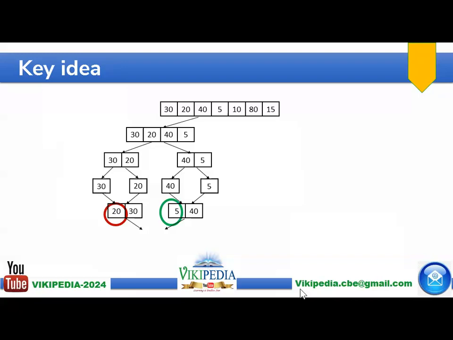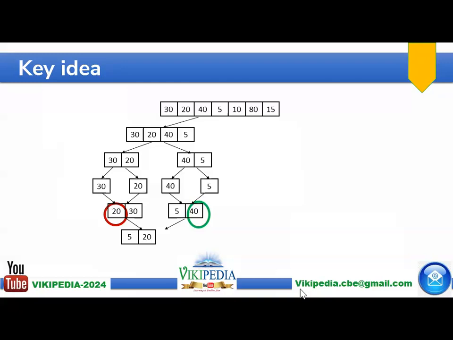Now let me take 20 from the left array and 5 from the right array. Right. Which is the smallest one? That will come first, 5. After that we move to the next element of your right subarray, that is 40. 20 and 40, which is the smallest one? 20 is the smallest one, so you put 20. Right. Now it has been done.